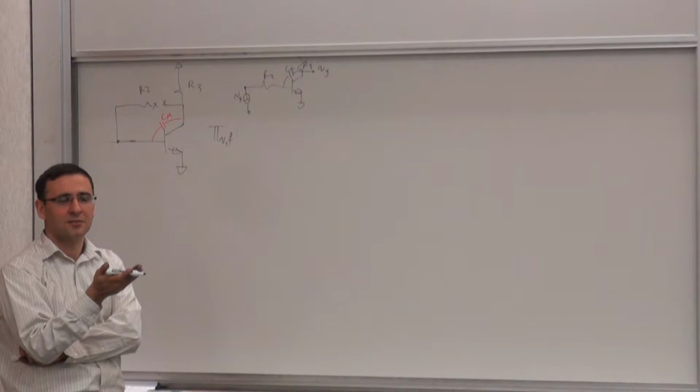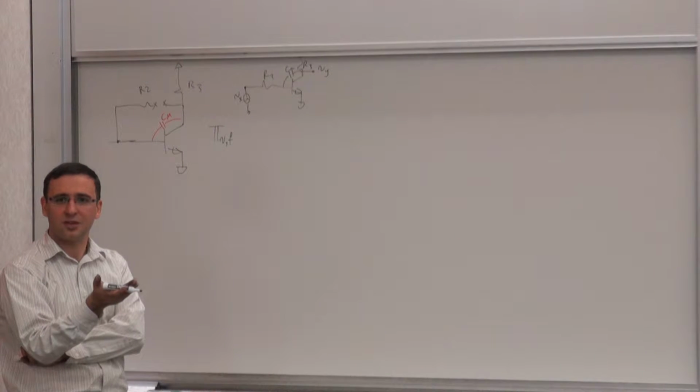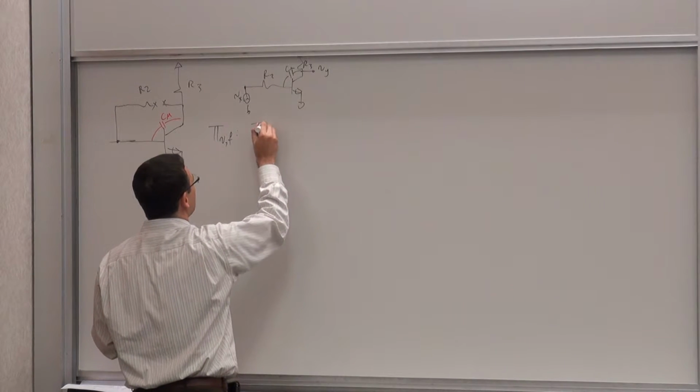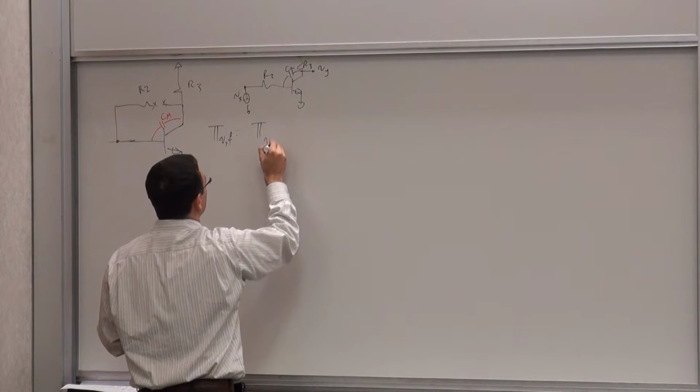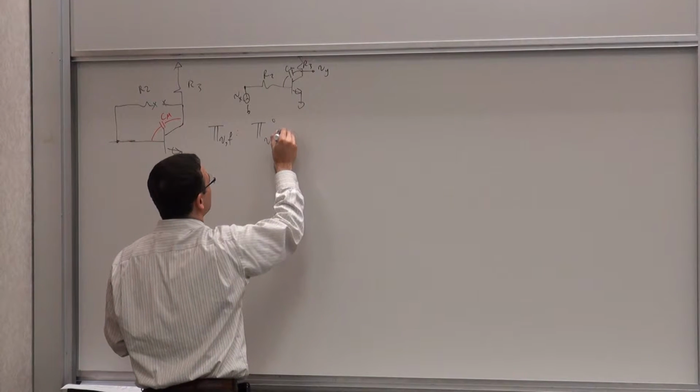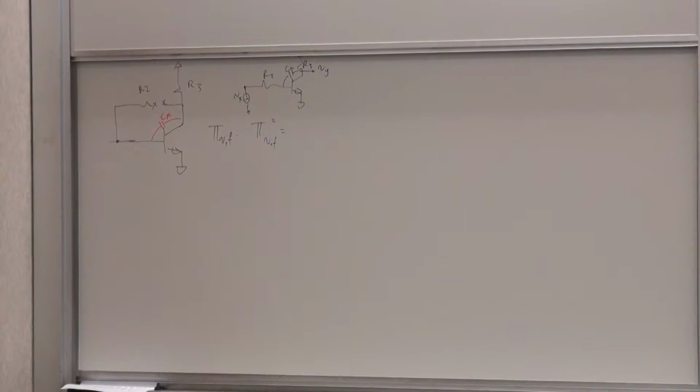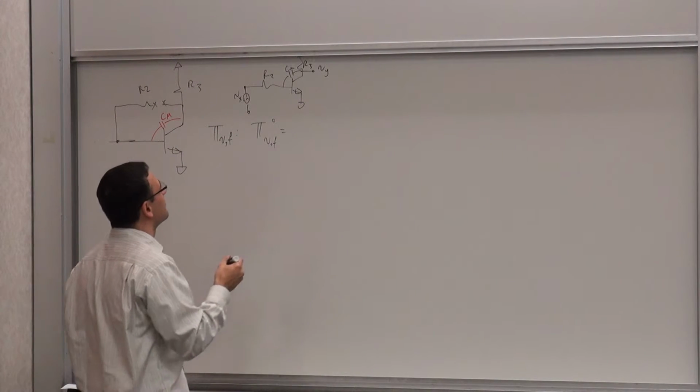Do this. Time and transfer constants. So first thing, I have to determine the T, let's call it TBF0. This is when the capacitance is zero value. What is it?